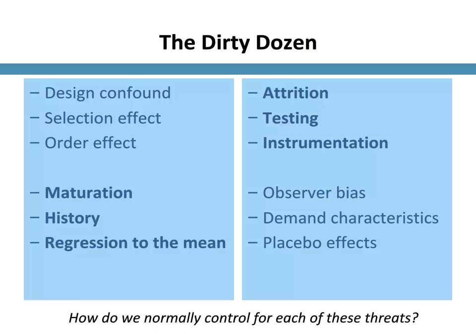Observer bias is only a problem with observational research, and when we have human raters looking for a behavior. This is when the observer's expectations affect the interpretation of the ratings.